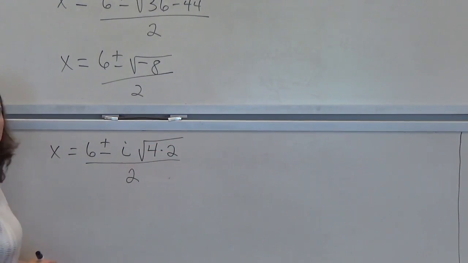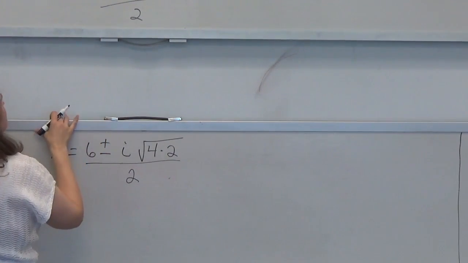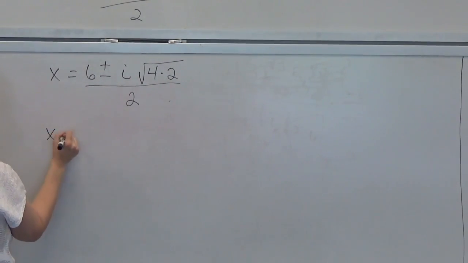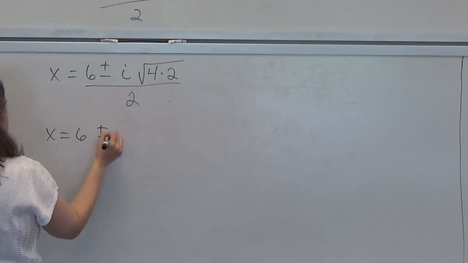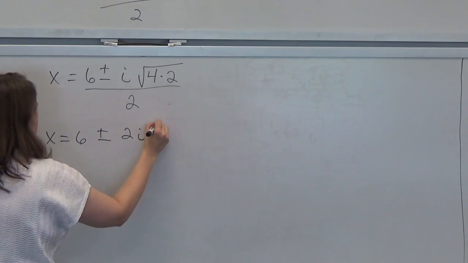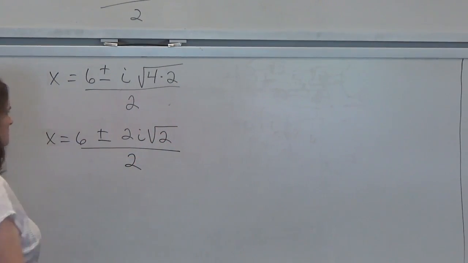So this gives me x equals 6 plus or minus the square root of 4 is 2, so you've got 2i times the square root of that 2 stays inside, all over 2.